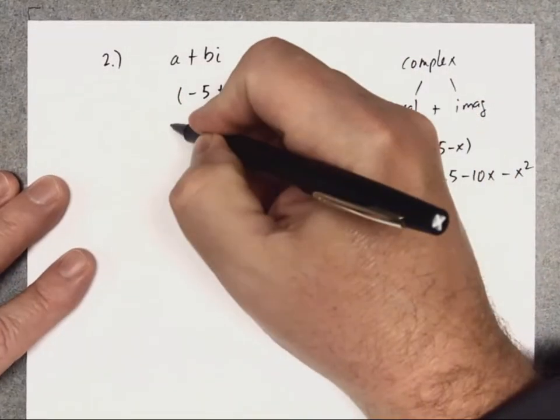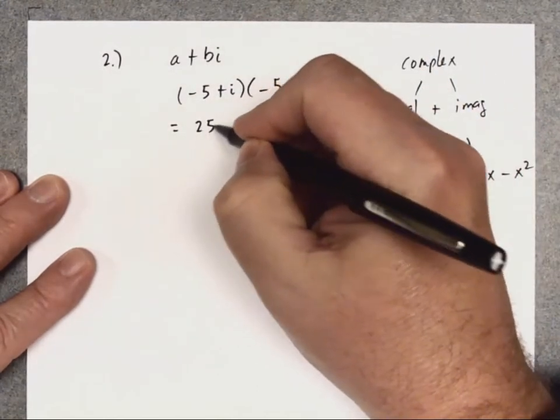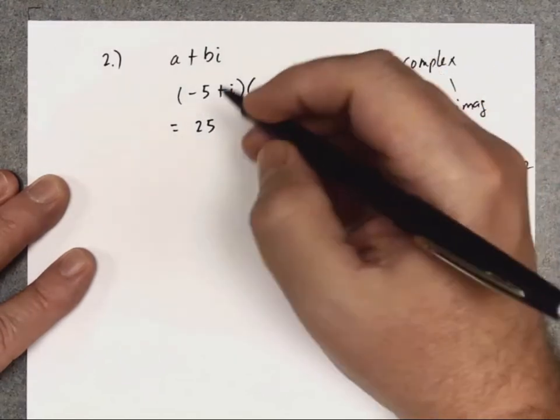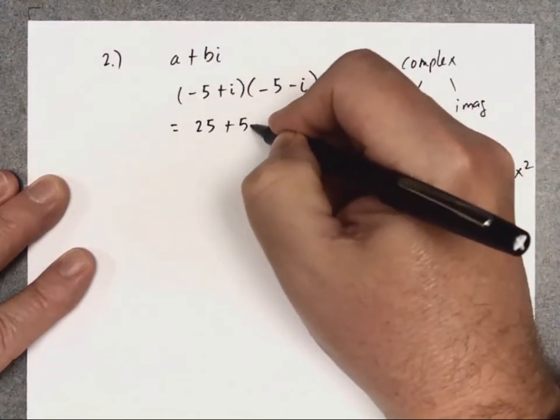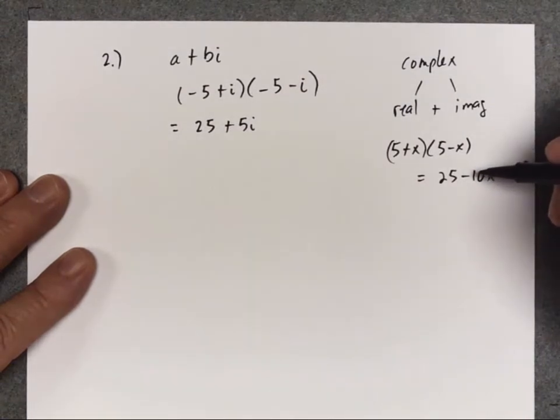Matter of fact, here I'm not going to skip a step. -5 times -5 is 25. -5 times -i, so I'm multiplying two negatives. Well, I'm trying to think whether I did this correct or not. I think I did.